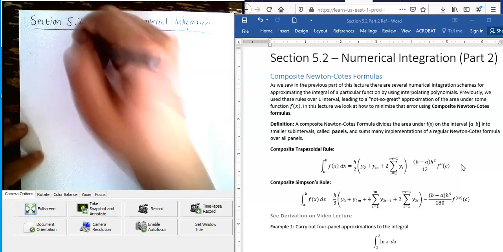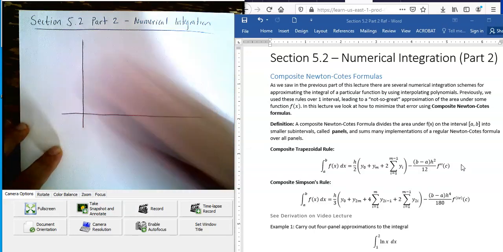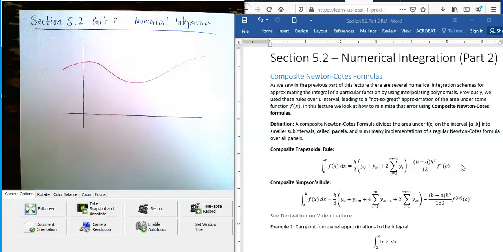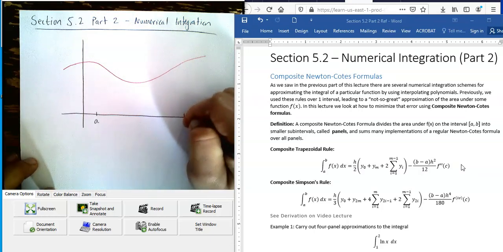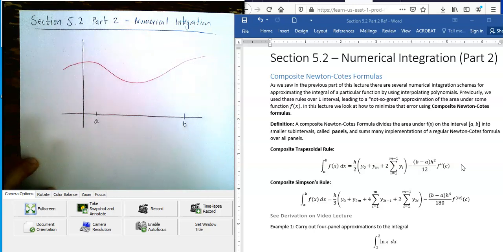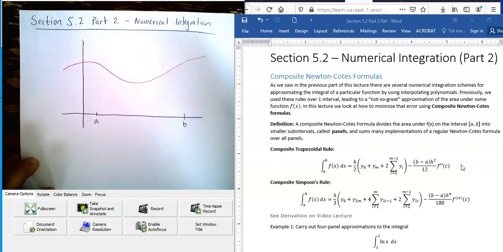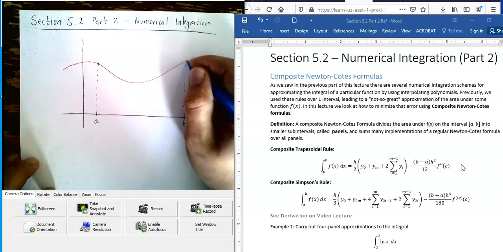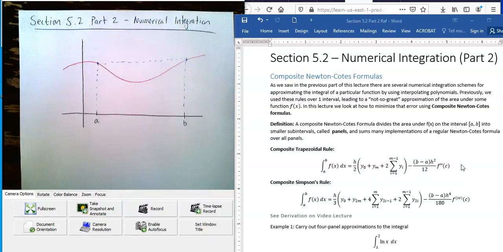Okay, so let's consider that we have this function here, let's say. So recall the trapezoidal rule, let's say we have from A to B here. Remember that the trapezoidal rule approximated the area under this curve from A to B using just one trapezoid, right? So we would have this kind of trapezoid here, right?